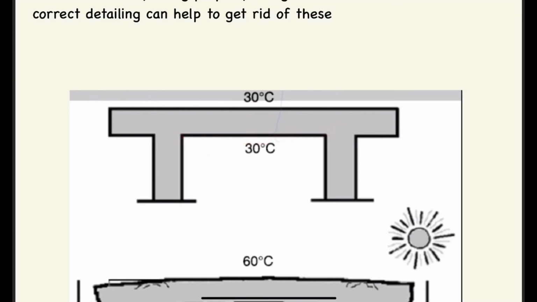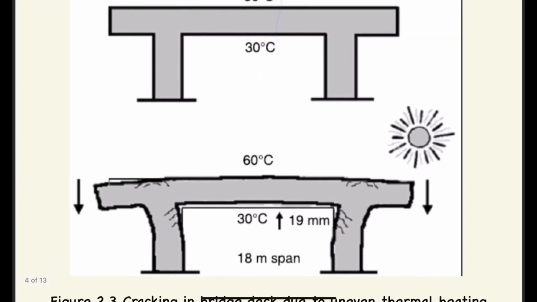So if this top layer expands, then it will move in an upward direction like this, and due to this it will produce stresses here and at the bearings. And you can see the temperature difference. Here it is 60 degrees, here it is 30 degrees.